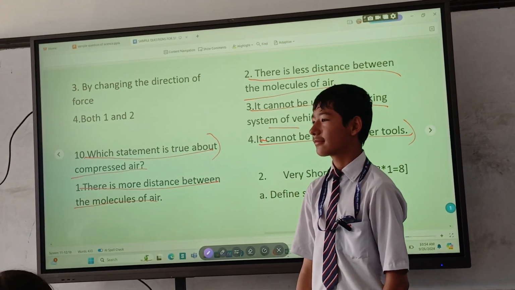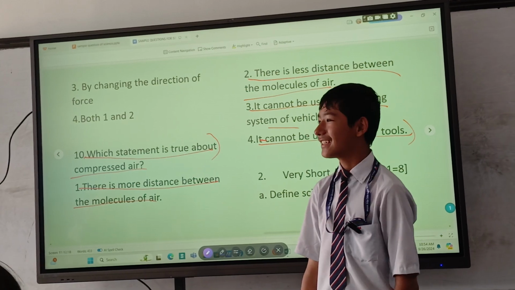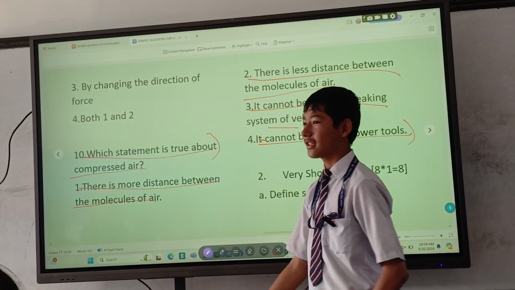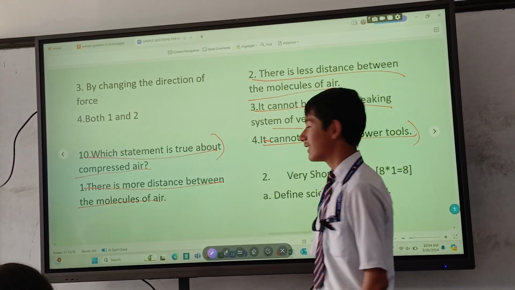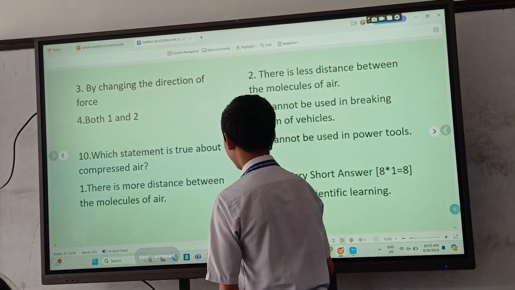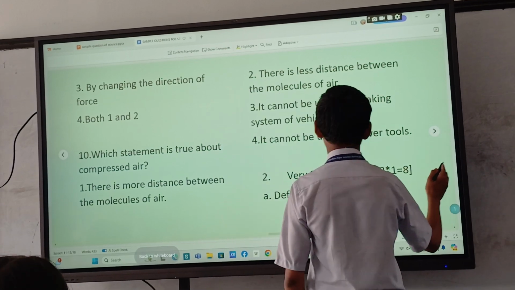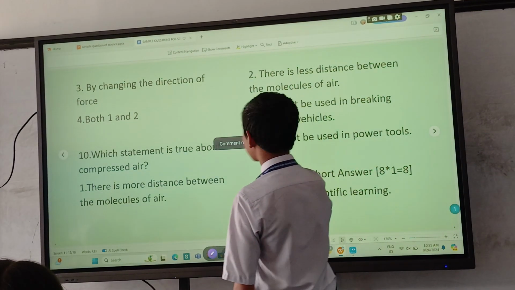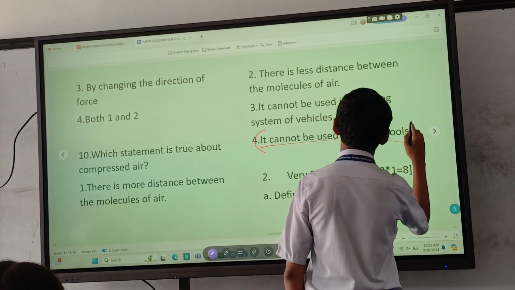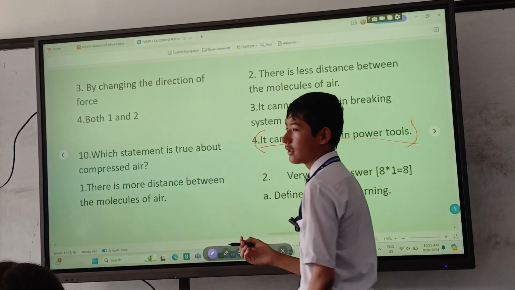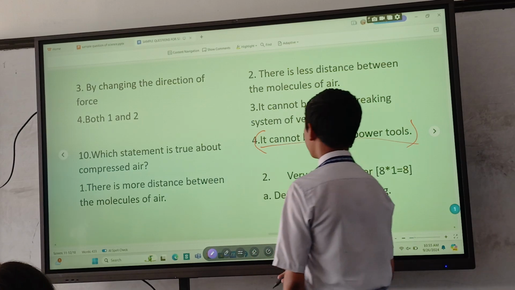Yes. 10th question of MCQs. Okay. It says it can be used in power tools. So power tools, yes, it can be.